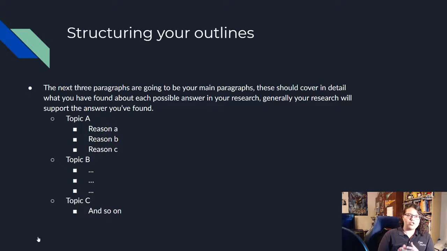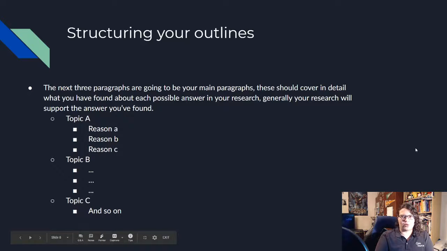What I recommend doing whenever you're creating this outline for your main paragraphs is that if you have research that you found that has talked about a specific part of your outline, you do not have to include it in the outline that you submit to me, but you may want to include what part of your paper that source could potentially go with. That way you don't have to go back and refine that source whenever we work on writing an annotated bibliography for next week.